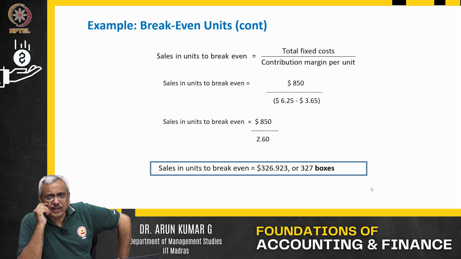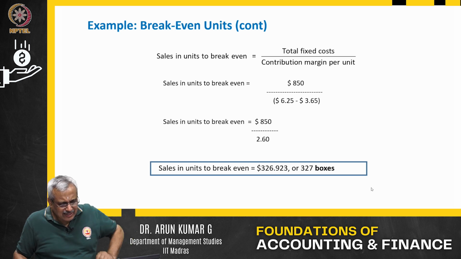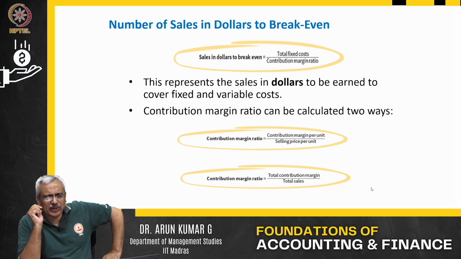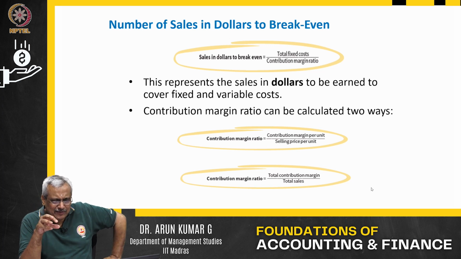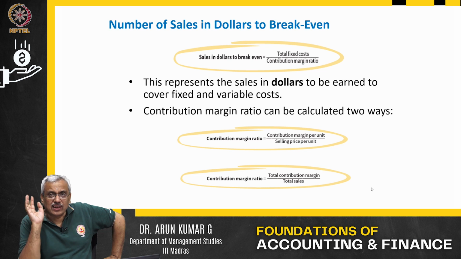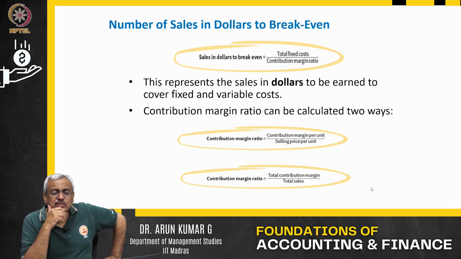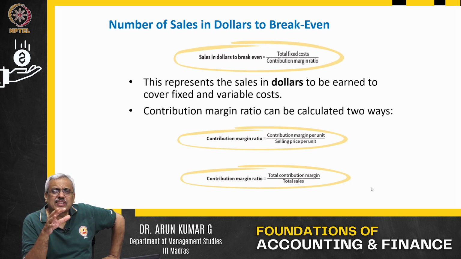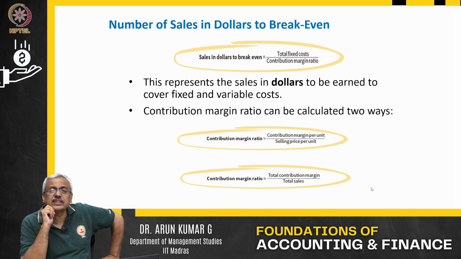To move on further, I have expressed this in the form of units. You can also express it in the form of dollars. In dollars, I have to look at the contribution margin ratio.